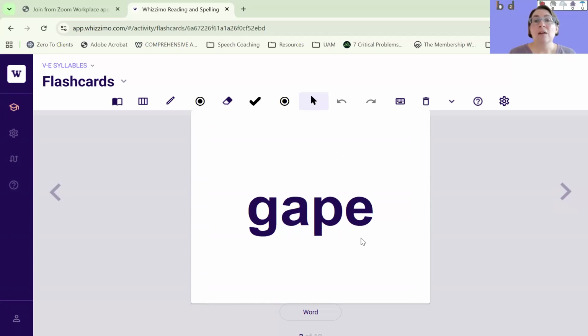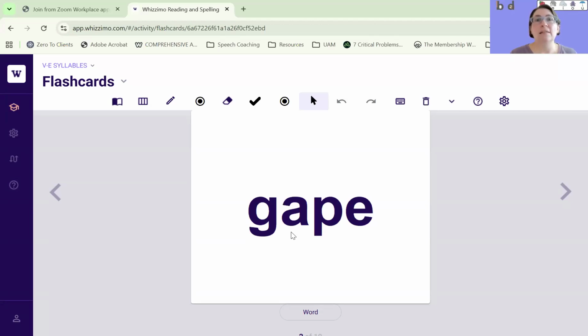Look at that. So this E here is on the end. It is silent. It does not represent any sound. The reason it's here is because it's going to basically jump over the consonant and say to this other vowel here, hey, what's your name? And it's going to make this vowel say its long sound.